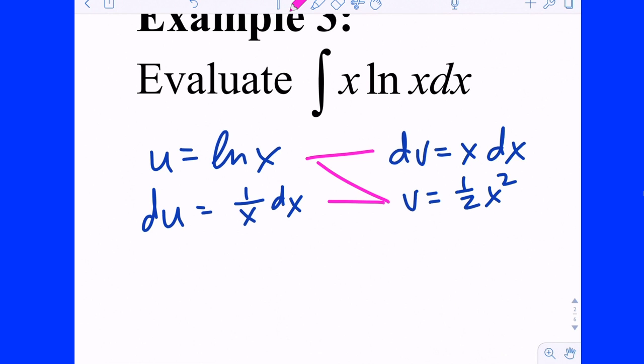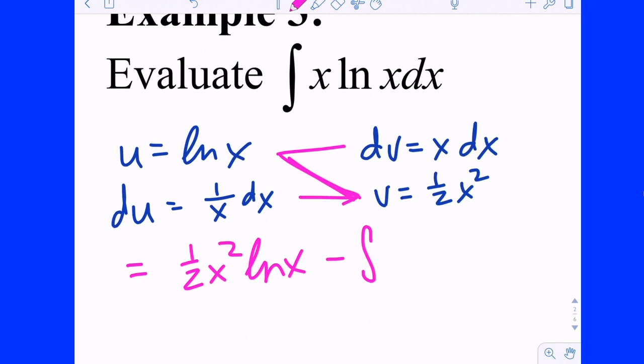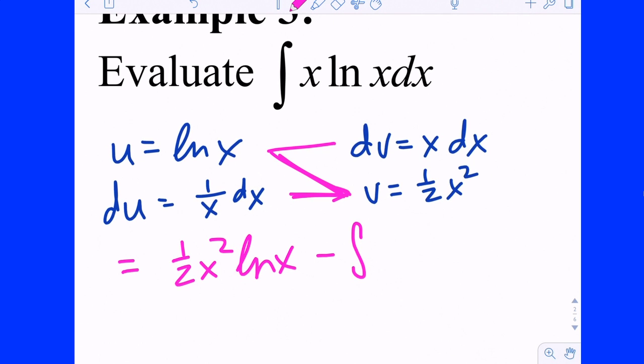There we go. The first diagonal, remember, is the one you want. It equals 1/2 x squared natural log of x minus the integral of the bottom product, which is going to be 1 over x times 1/2 x squared, and I'll put the dx at the back. Even though this 1 over x has the dx there, that dx should go at the back.